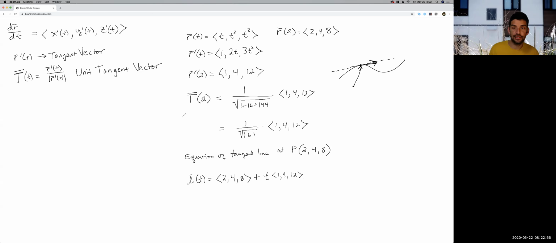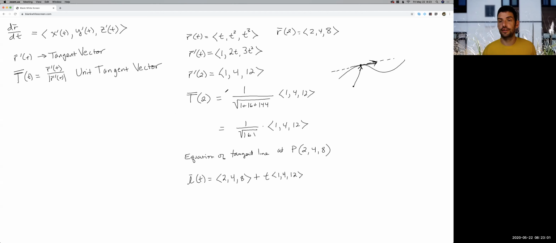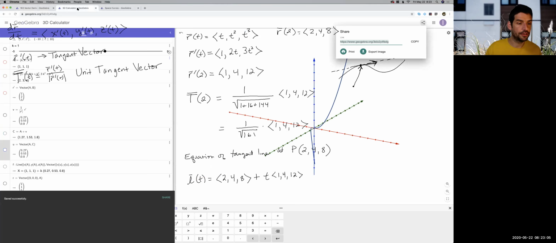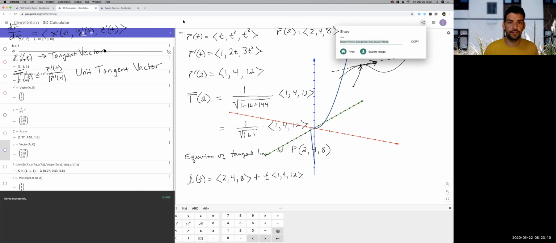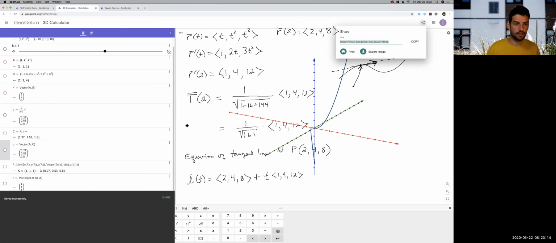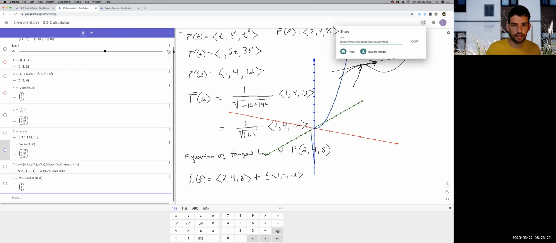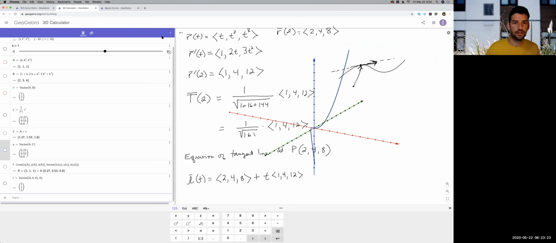Okay, let's take a look at this one with a little bit nicer of a picture. Let me see, which one are we? Yeah, this is the one we want. Let me clear some stuff up and make a little space over here. There we go.